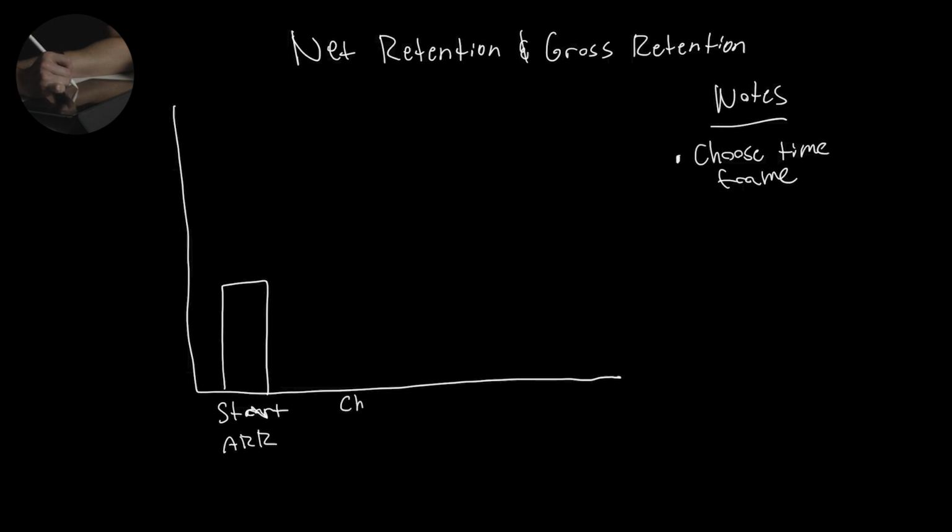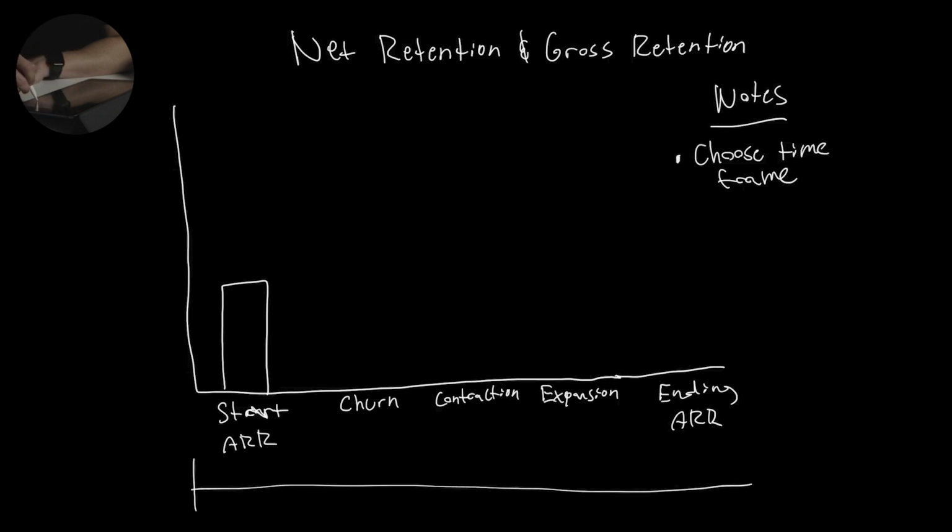Then we're going to graph your churn, contraction, expansion, and your endpoint, or ending ARR. And I'm going to say, because the definition matters, this time frame covers last year. Y-axis here is going to be dollars.